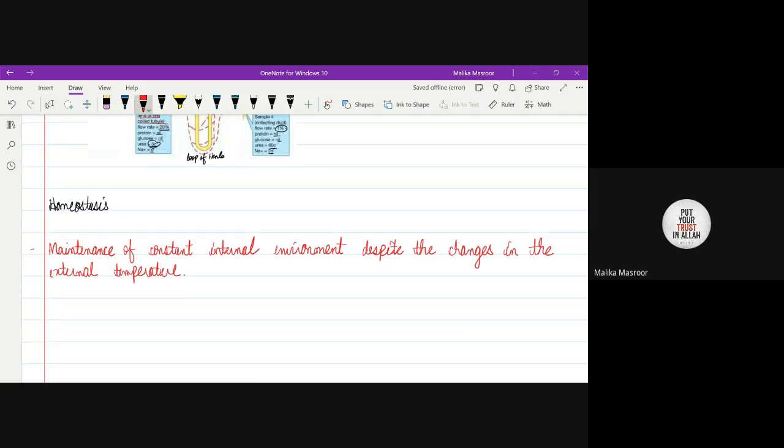So blood glucose concentration is controlled by two hormones that are released by the pancreas.